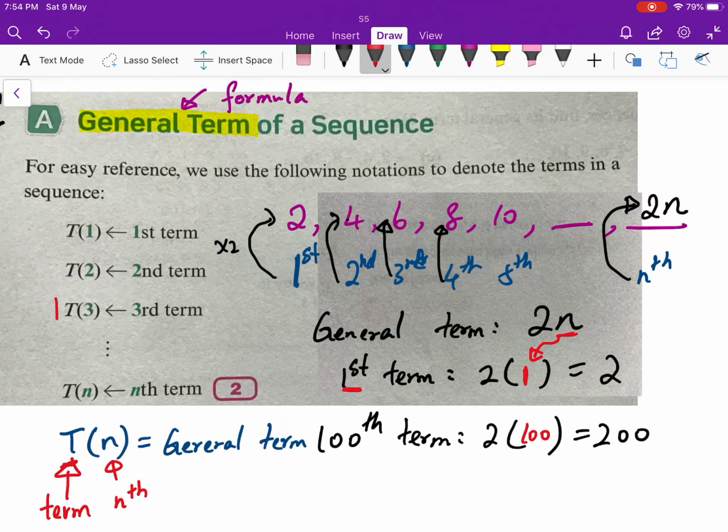So if I call it T3, it means the third one, the third position. So remember, T3 doesn't mean that the value is 3. T3 means only the third one, for example, this one, the third position one. So T3 can be equal to 100. Don't think that T3 is 3. T3 is just the position. Okay? So this is the general term.